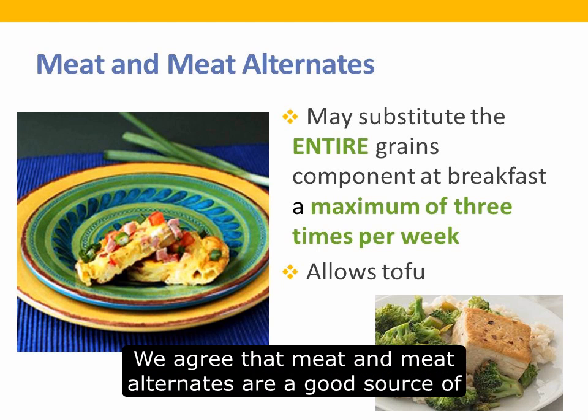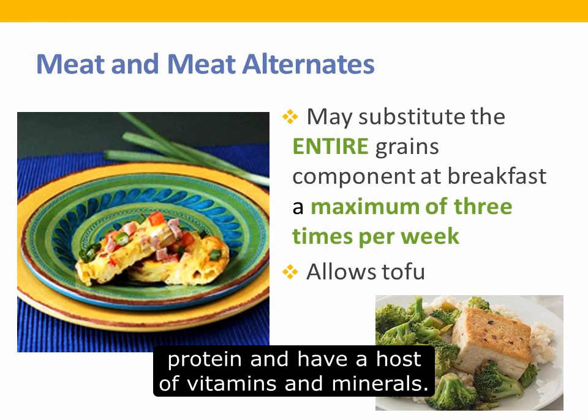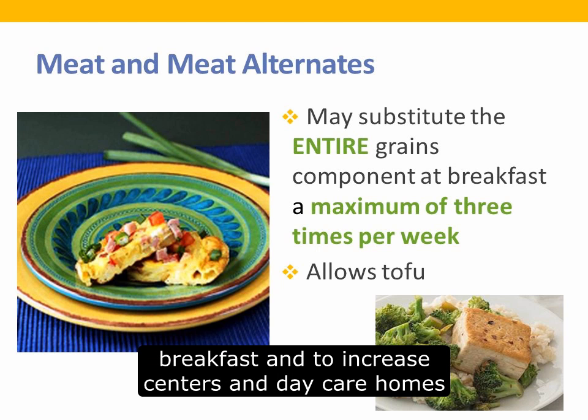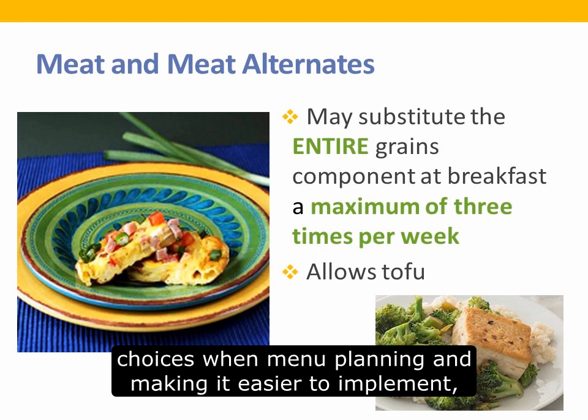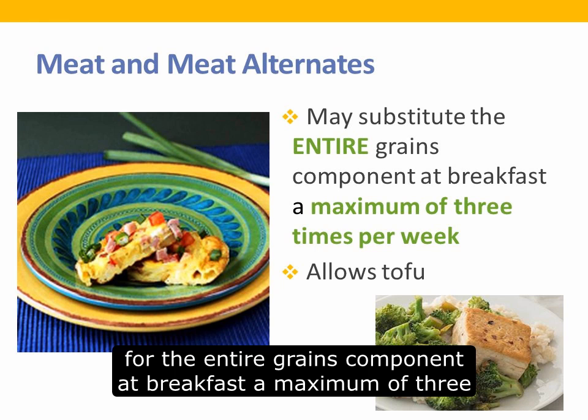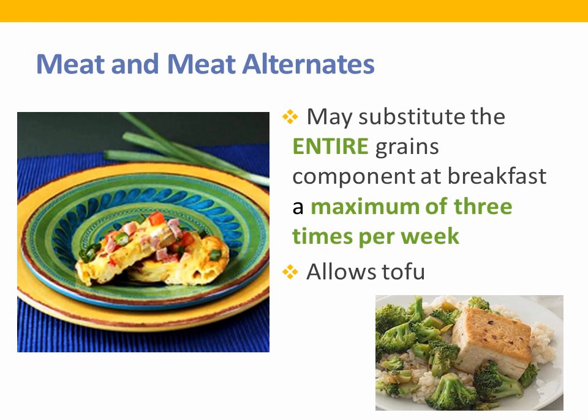We agree that meat alternates are a good source of protein and have a host of vitamins and minerals. In recognizing the value of a meat alternate at breakfast, and to increase centers and daycare homes' choices when menu planning, and making it easier to implement, the new meal pattern allows meat or meat alternates to substitute for the entire grains component at breakfast a maximum of 3 times per week.